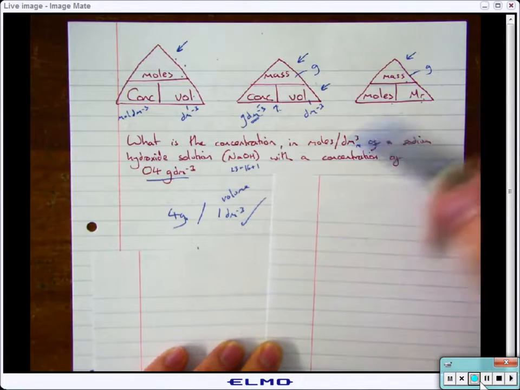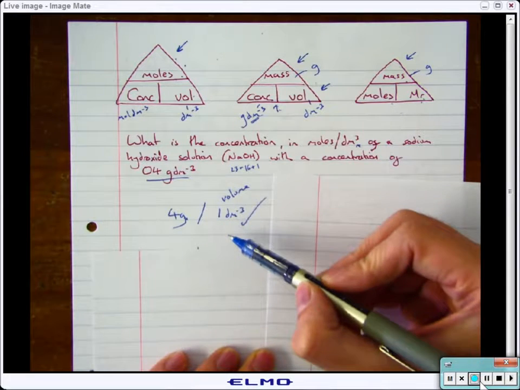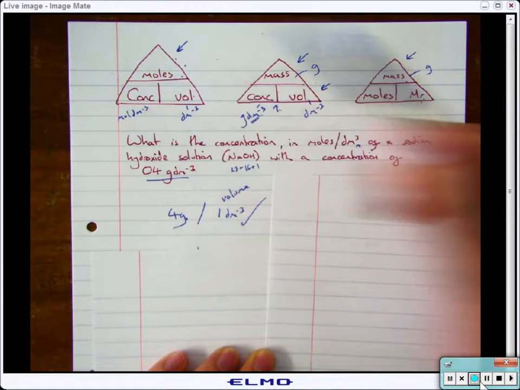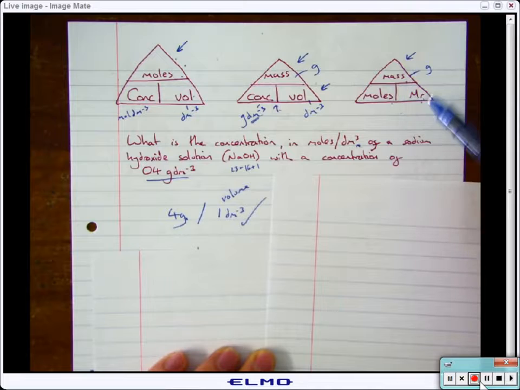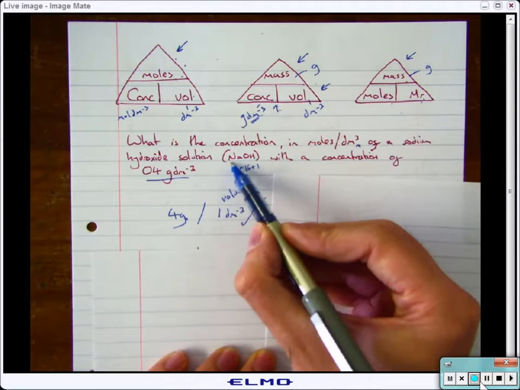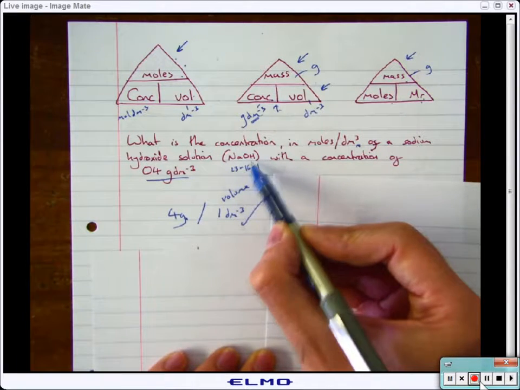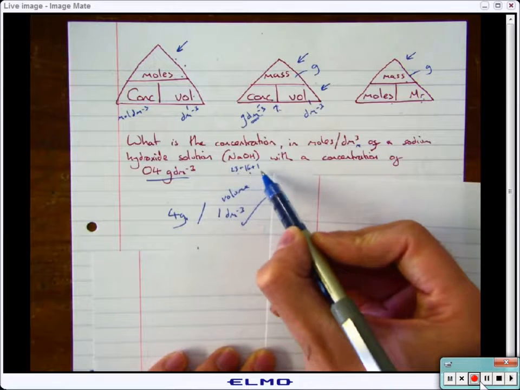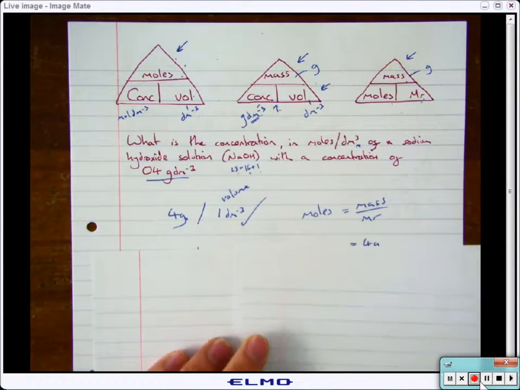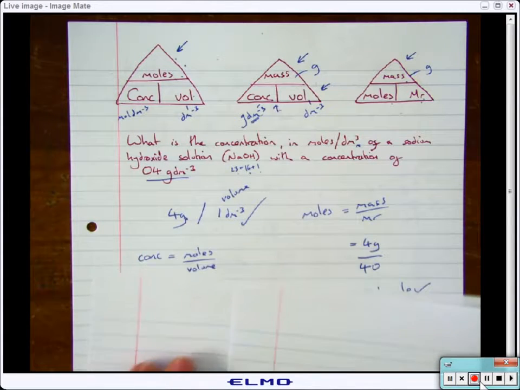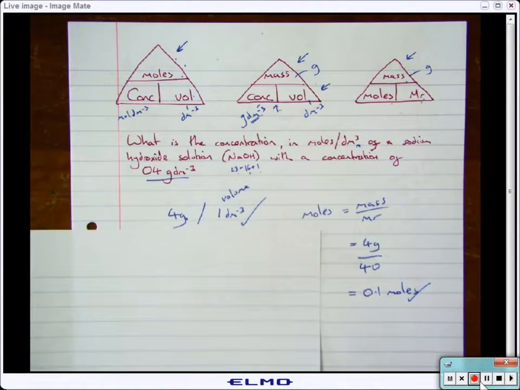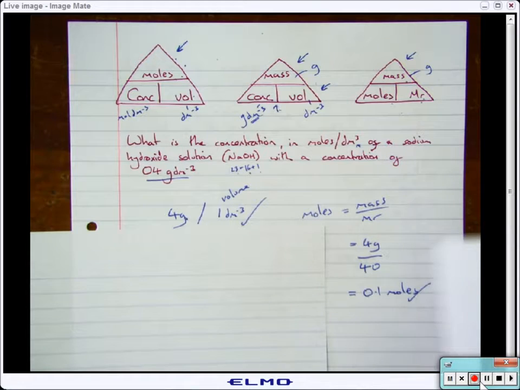Now, the next thing I need to look at is I need to work out the moles. I've got the mass now, the MR, which is the total mass of sodium hydroxide, which is 23 plus 16 plus 1, 40, which allows me to do this calculation, which is 4 grams divided by 40, which is the mass divided by MR, which gives me 0.1 moles.